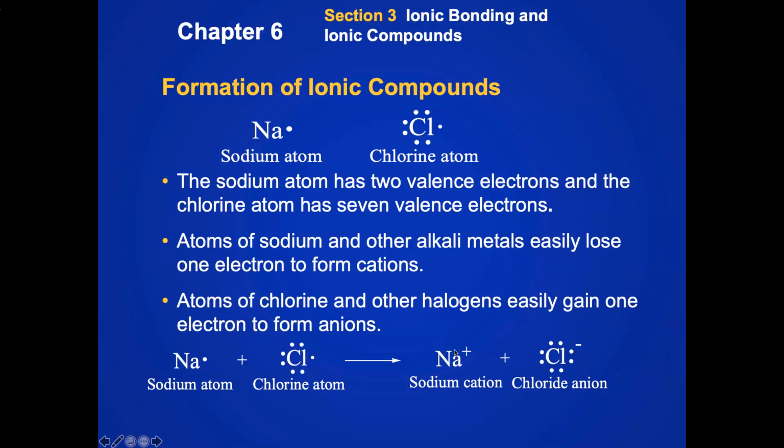In other words, if I looked at the electron configuration for sodium, I would get 1s2, 2s2, 2p6, 3s1. Giving up that 3s1 makes my configuration end at 2p6, which is, of course, the gas neon. And I don't know if you remember me saying this in chapter 5, but everybody wants to be a noble gas.